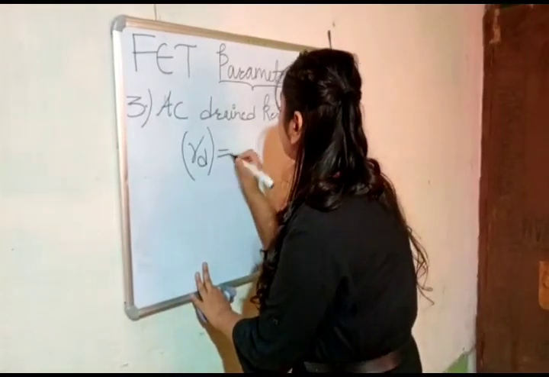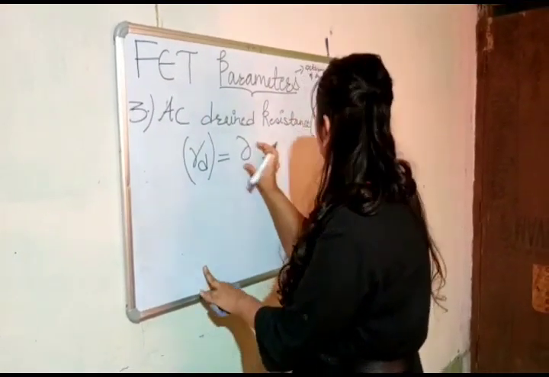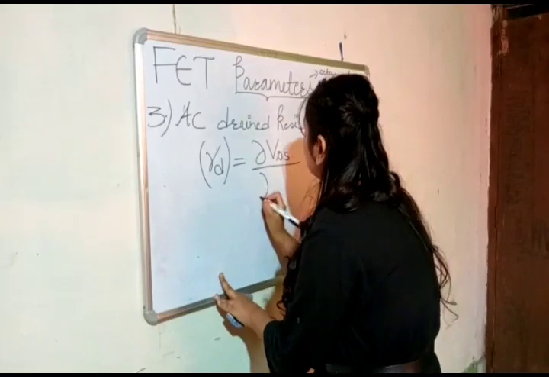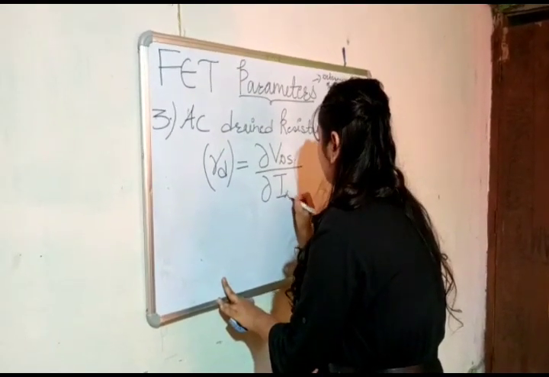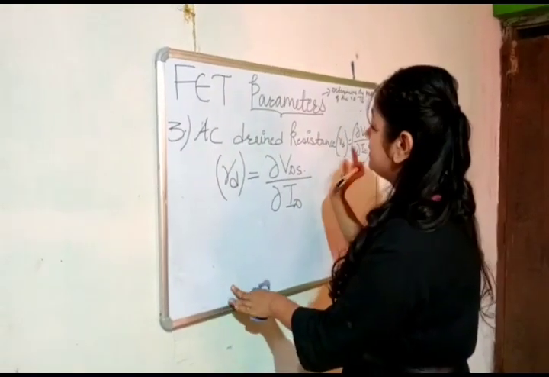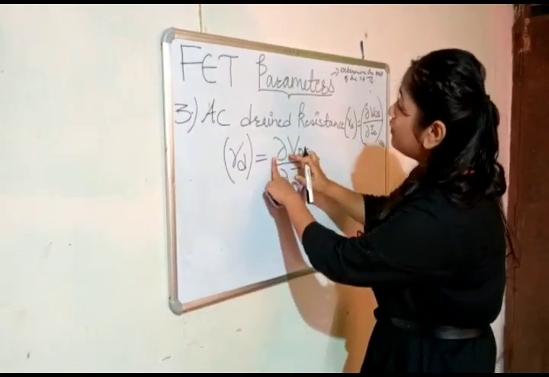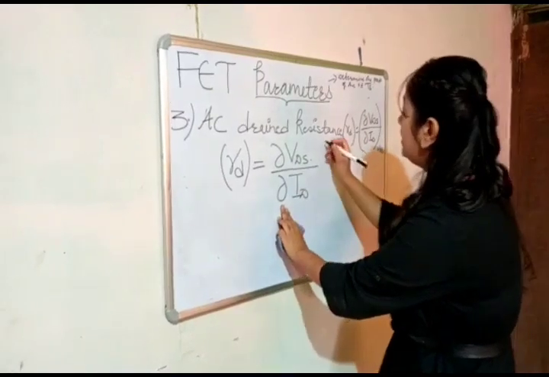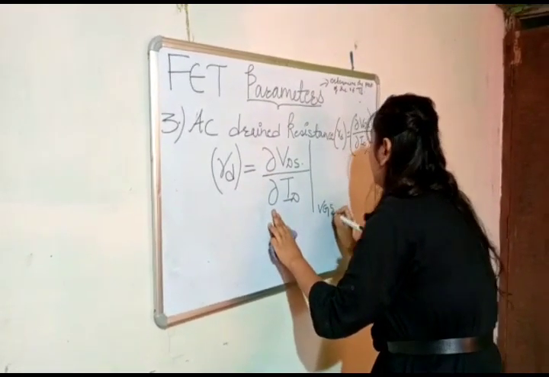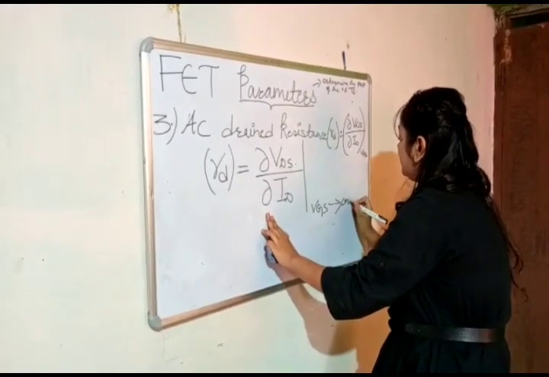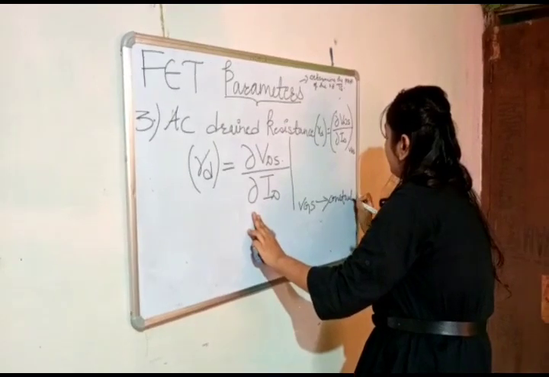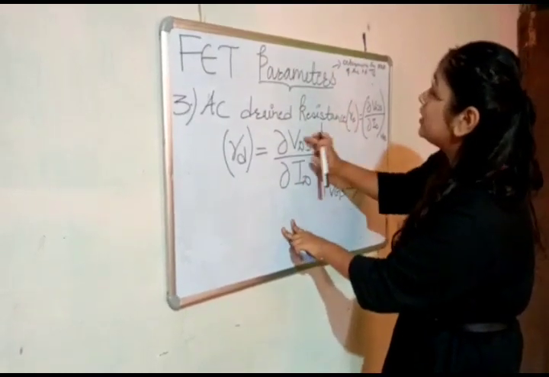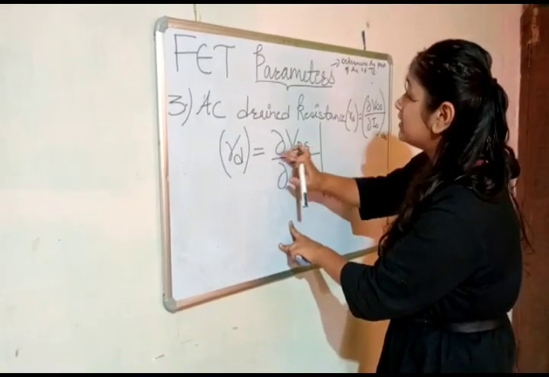It is the ratio of small change in drain to source voltage to the corresponding small change in drain current, keeping VGS, or gate to source voltage, constant. AC drain resistance is denoted by RD.